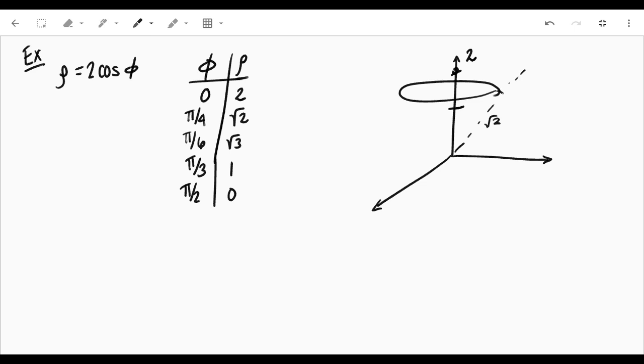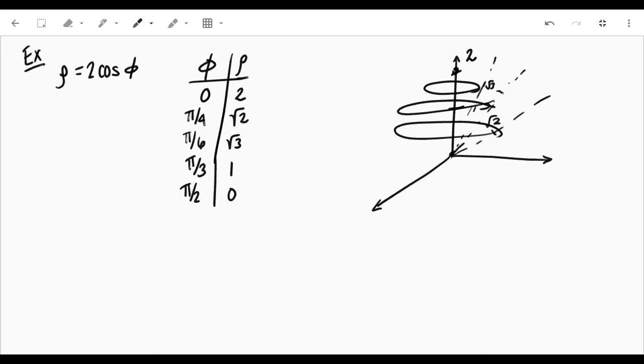At pi over 6, we'd want to go out a distance of square root of 3, and rotate it around. Pi over 4, we go out square root of 2, rotate it around. Pi over 3, we would go out a distance of 1, rotate it around. And then pi over 2, we're back to 0.